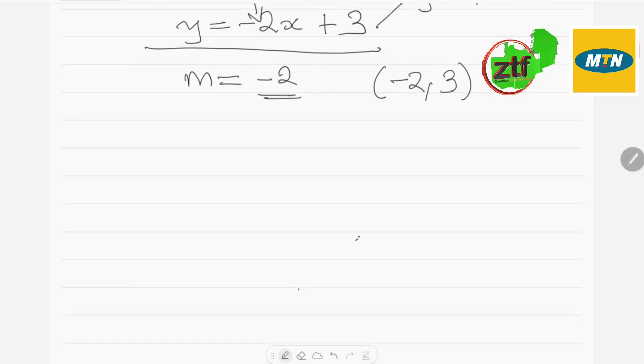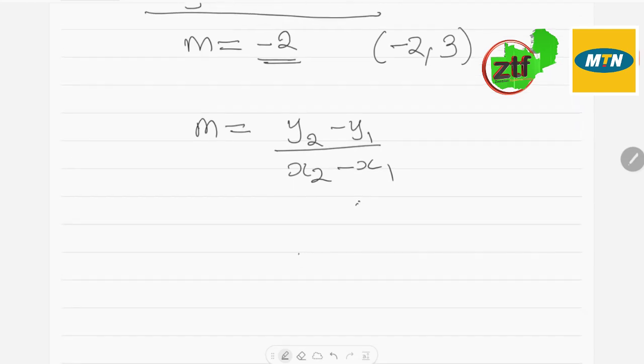So we know that gradient m equals y2 minus y1 over x2 minus x1. You see that? We've already ascertained our m, the gradient, is negative 2. But we also have a point, which is x and also y.